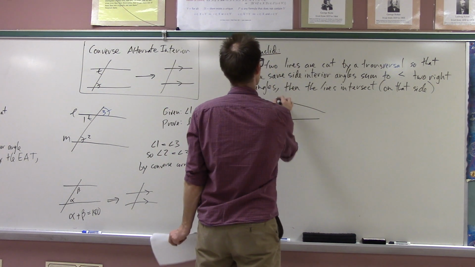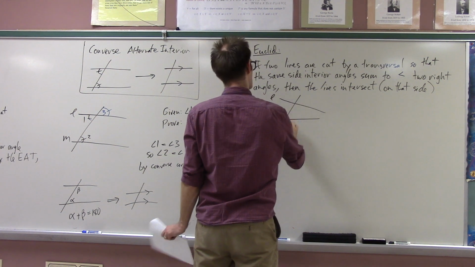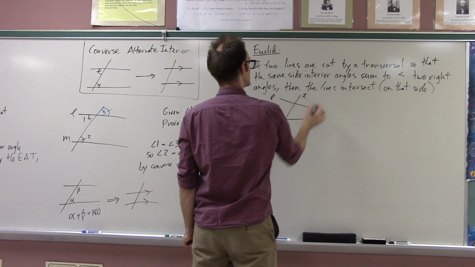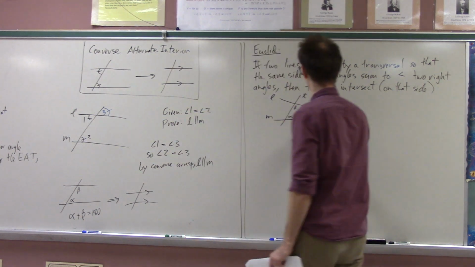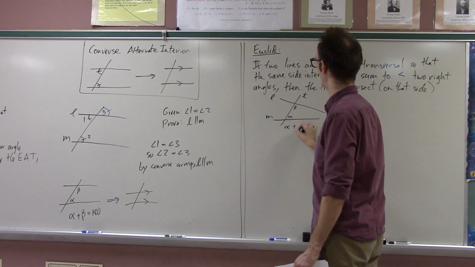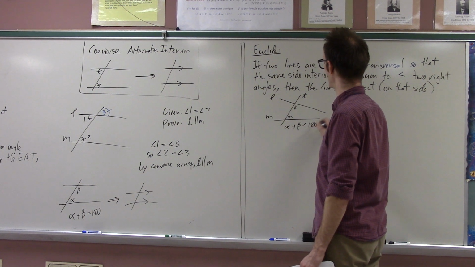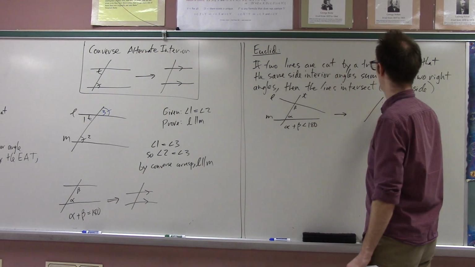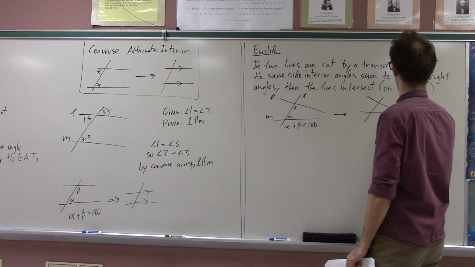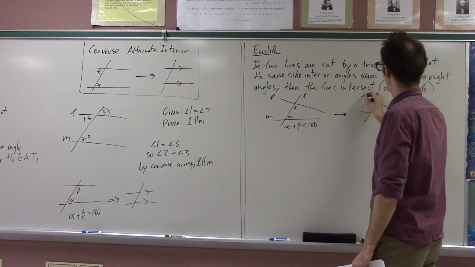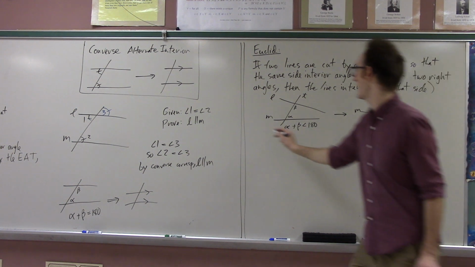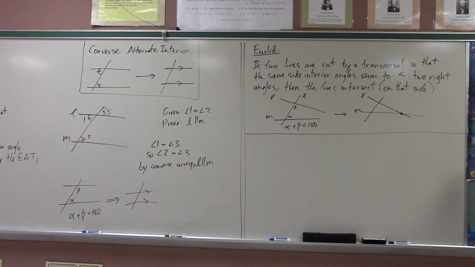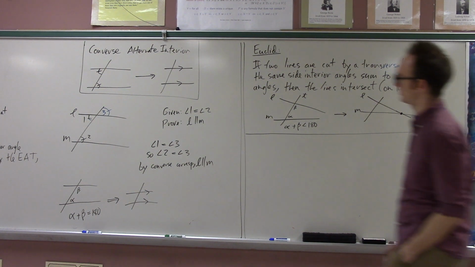We have these 2 lines, L and M. They're cut by some transversal T. 2 angles are formed, alpha and beta, so-called same side interior angles. And if alpha plus beta is less than 180, then these lines L, M are going to intersect, and they're going to meet at a point so that they will not be parallel. Okay, that is Euclid's version of the parallel postulate.